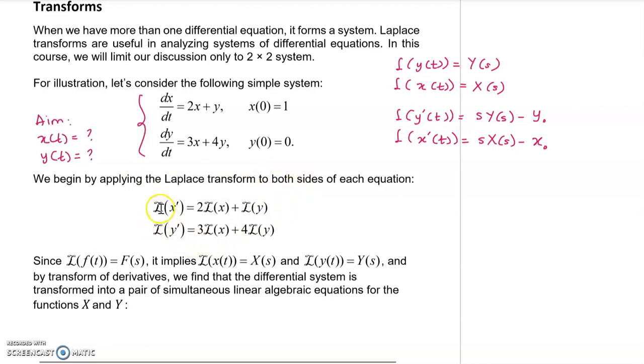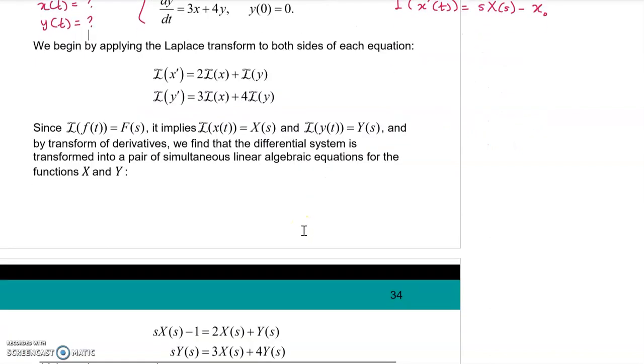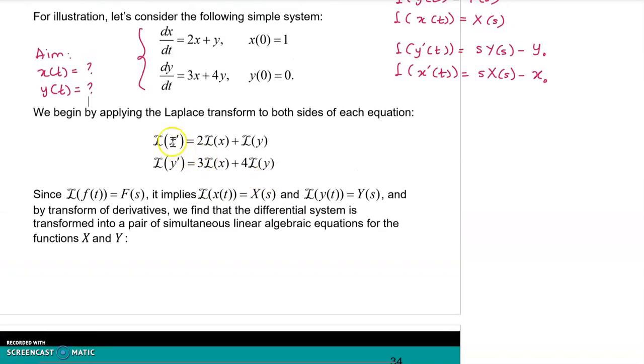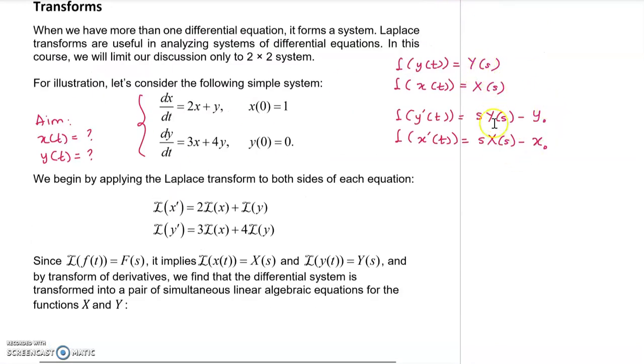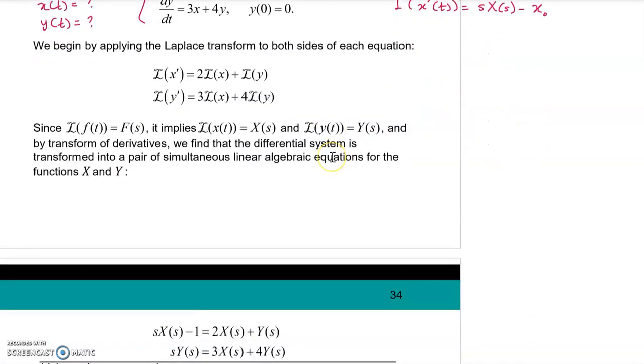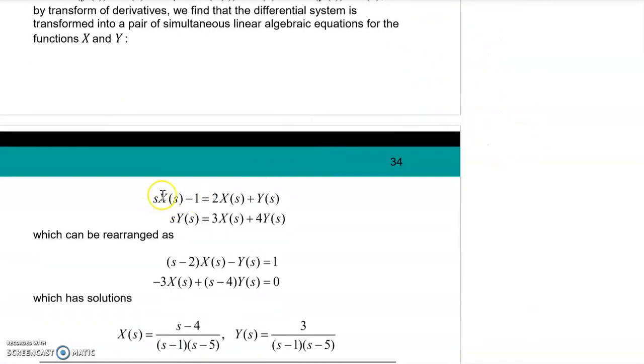So we just put the Laplace notation on both sides of each of the equations that we have. And then we replace the Laplace of x prime and Laplace of y prime here with these terms. By that we come out with this one.